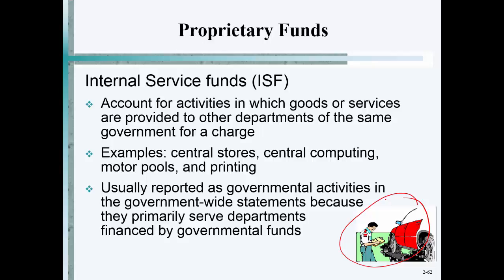And profit is not a chargeable expense to federal programs. So if the federal program is funding a particular state or local program, and then there's an internal service fund that's charging that program for work, and then they're building up a large retained earnings, those costs that are over and above enough to cover the cost are what? Profits that are not allowable expense.